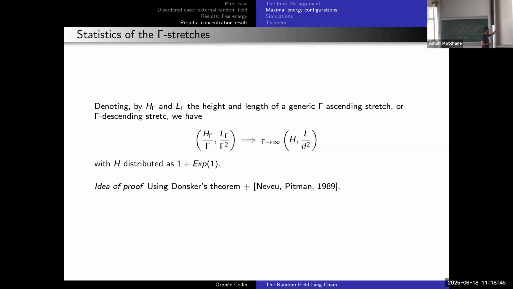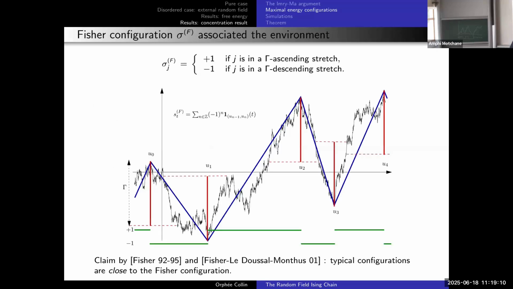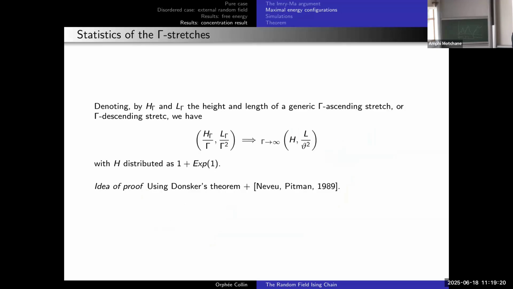So we can show this convergence, and we can understand these variables fairly well. In particular, we get the Brownian scaling: the length is of order gamma squared, as you can expect. And the distribution of H is fairly simple. The height of a stretch is distributed as gamma plus gamma times an exponential of parameter 1. So the excess is also of order gamma.